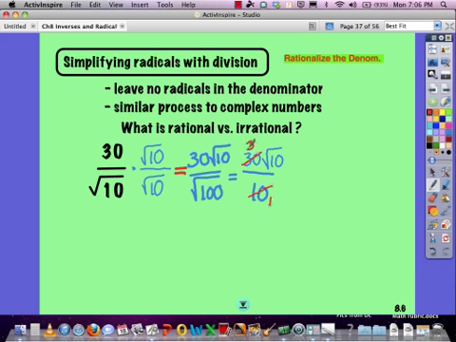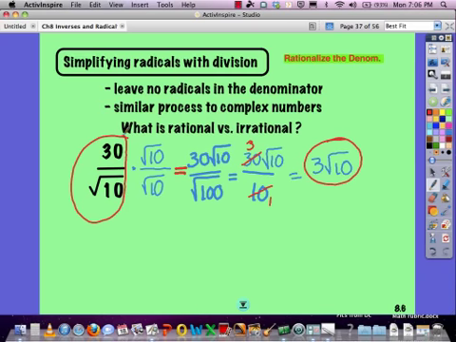And so right now, we would be left with a final answer of 3 root 10. So that 3 root 10 that we are looking at here is the original fractional look that was irrational, and we've just turned it to be a rational number.